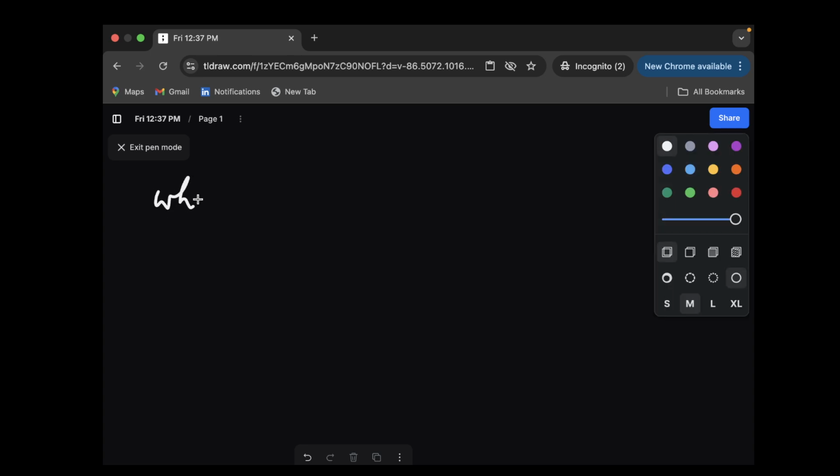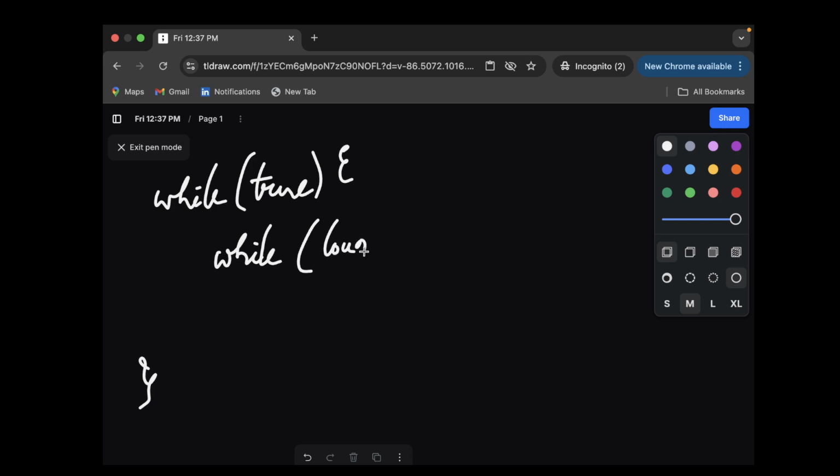So I say this is while true, and here is my buffer size.